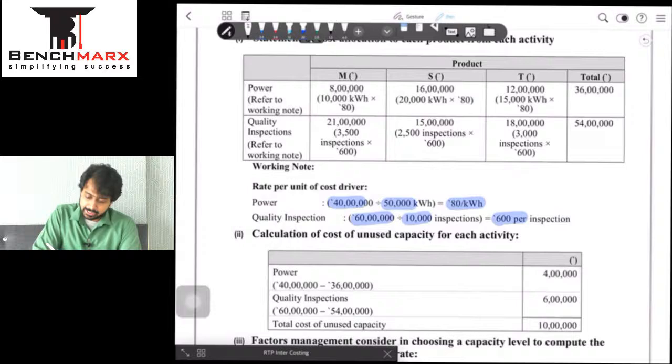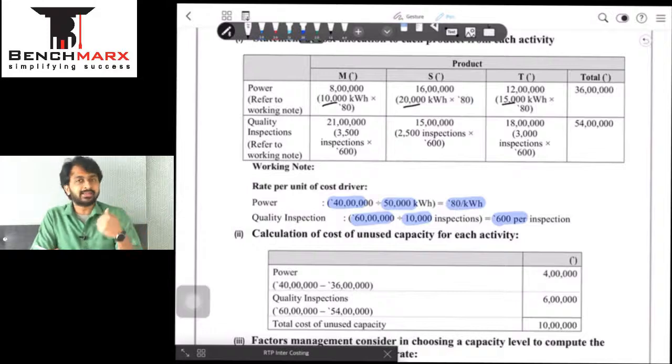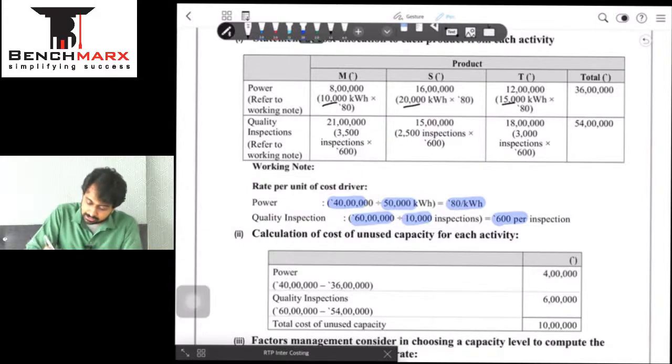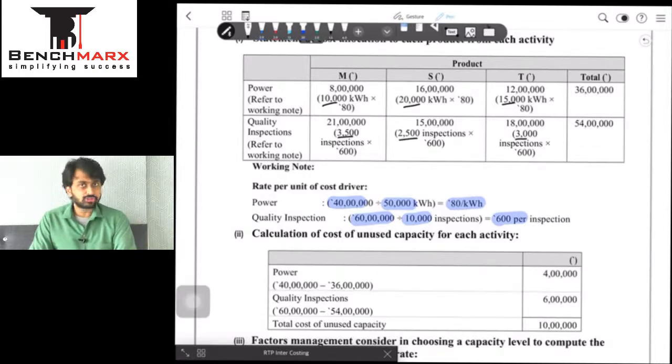So 80k into 10,000, 80k into 20, and 80k into 15 is towards M, S and T respectively. Similarly, 600 into 3,500, 600 into 3,500, 600 into 2,500, and 600 into 3,000, I will get my inspection cost as well. Right? Okay.